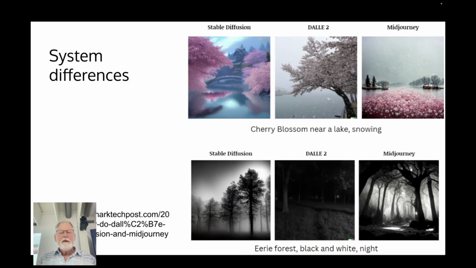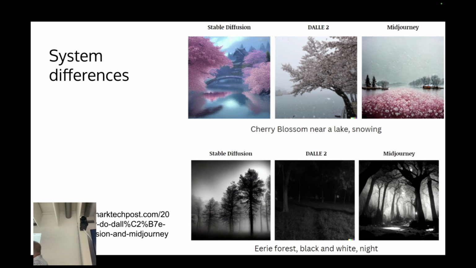Okay. So one of the super interesting things for me, having taught this class now for the past 4 or 5 years, is to see how much and how quickly these systems are evolving. So these are 3 different systems: Stable Diffusion, DALL-E 2, so this is like a year and a half ago, right?